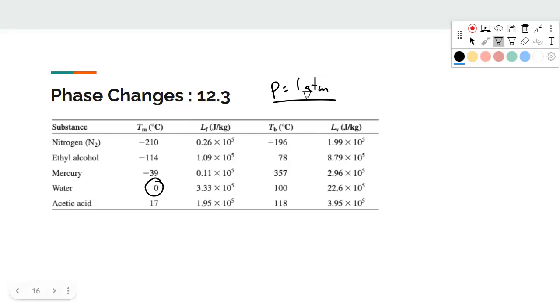You'll have some temperature where that transition takes place, and then some constant, your latent heat of fusion, that tells you how much energy that process takes. You can see water, again, has a very high latent heat of fusion. It takes a lot of energy to freeze water, and that's because you're forming all of these bonds, so you have a lot of energy associated with that.